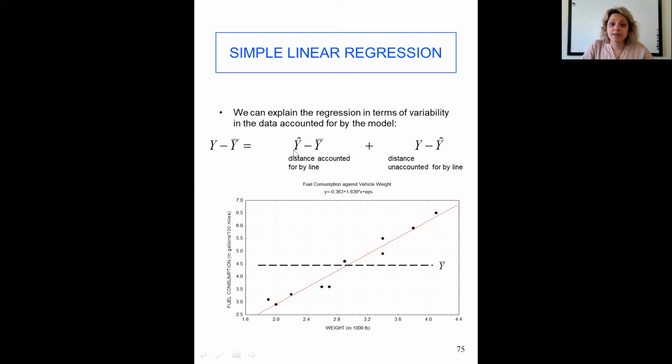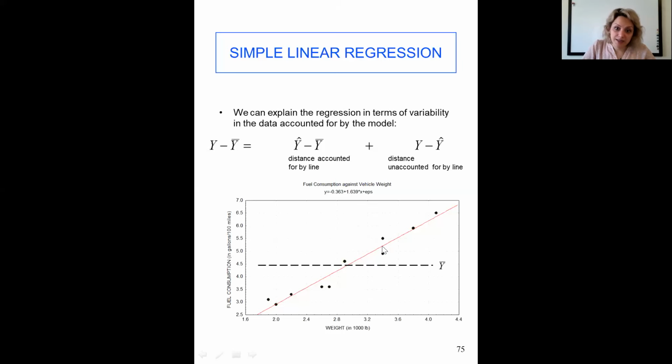So for this y estimate minus y bar, always try to imagine it in your brain, when you have the figure in front of you, and ask what does y estimate minus y bar mean? Here y estimate is whatever estimate you have on the fitted line. For example, if this point is the data point, the y estimate is going to be here.